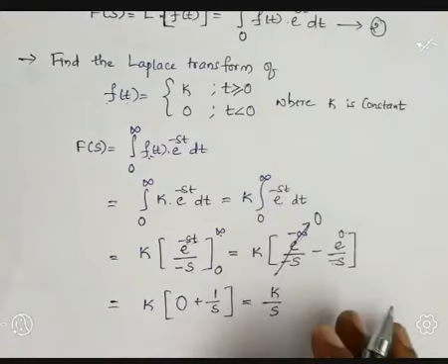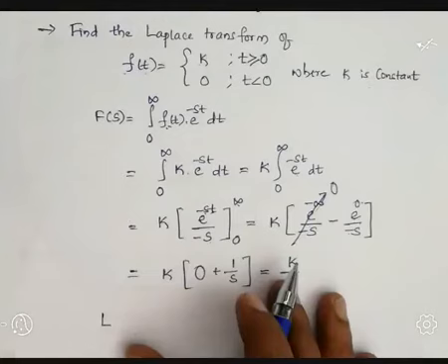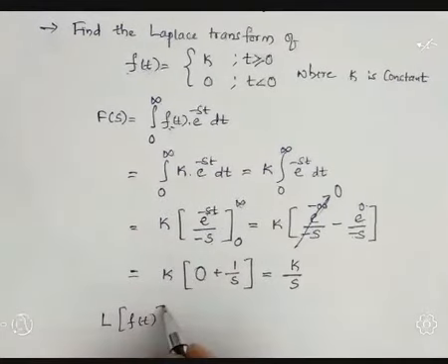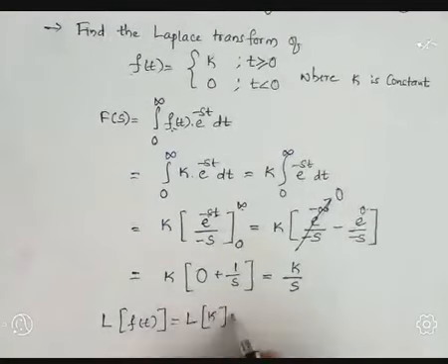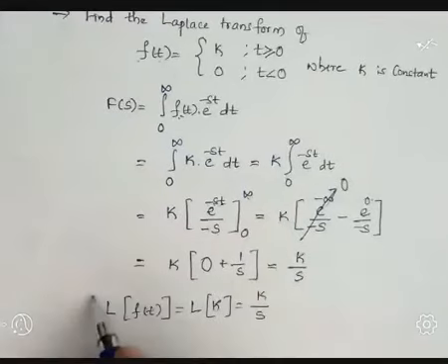So what we calculated? The Laplace transform of the function f of t, that is the Laplace transform of the constant k, is k by s. This is our answer.